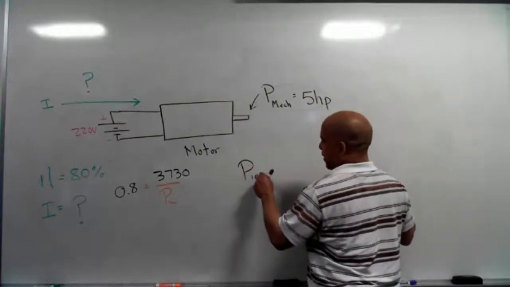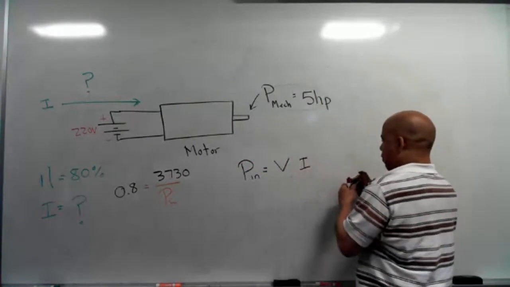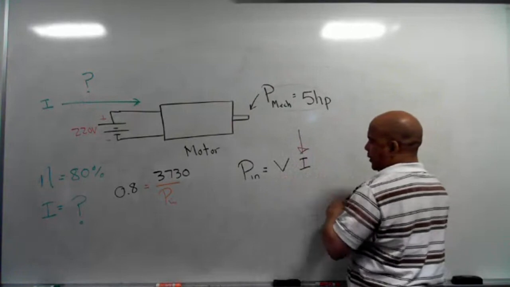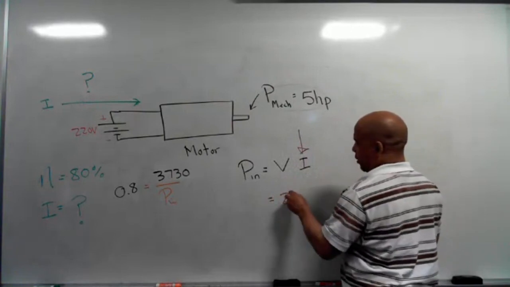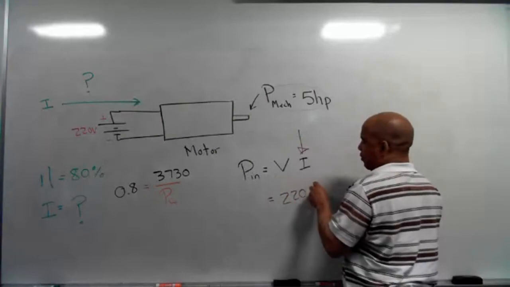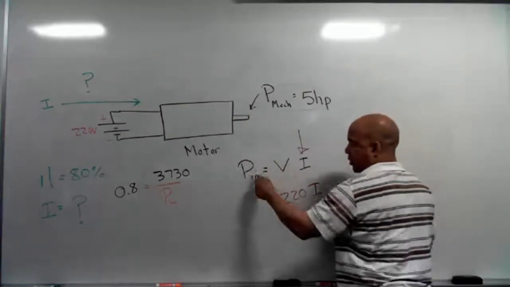P in is equal to V times I, and what we actually want is I. I know V is 220, and if I knew I, P in would equal 220 times I. But we're not concerned about P in.